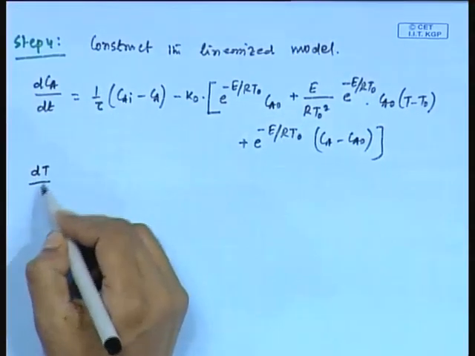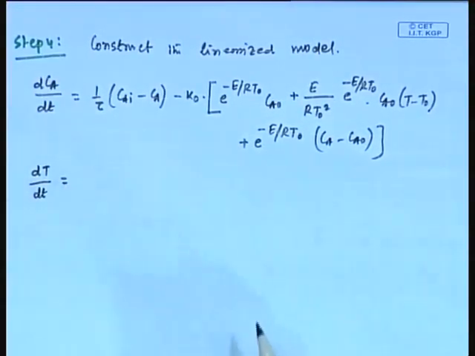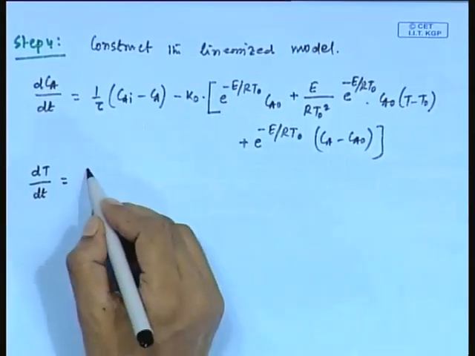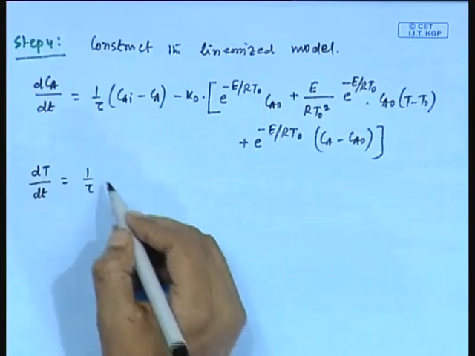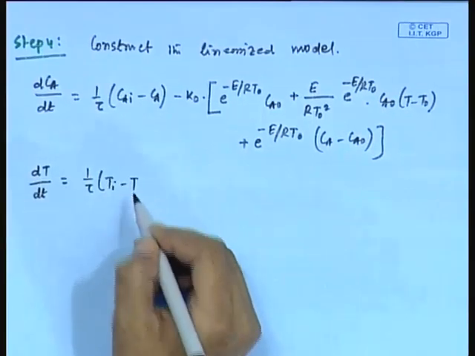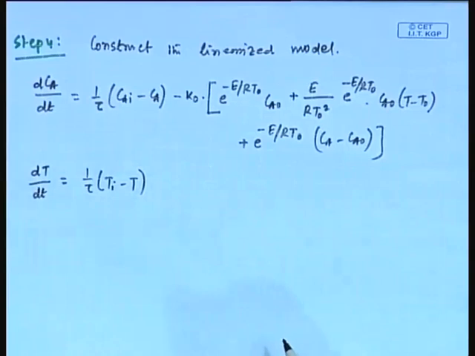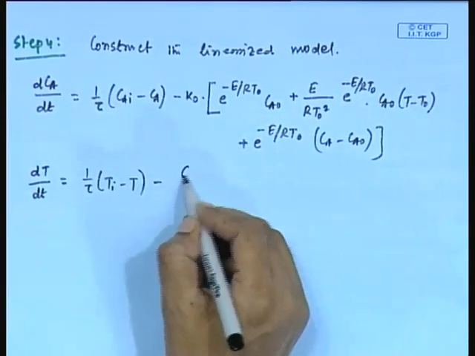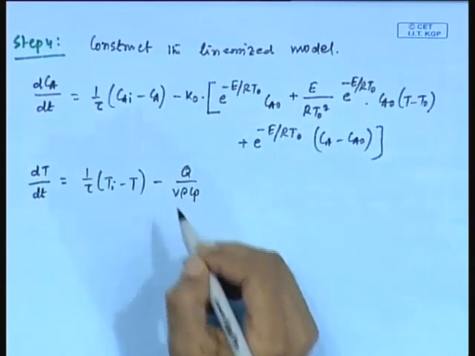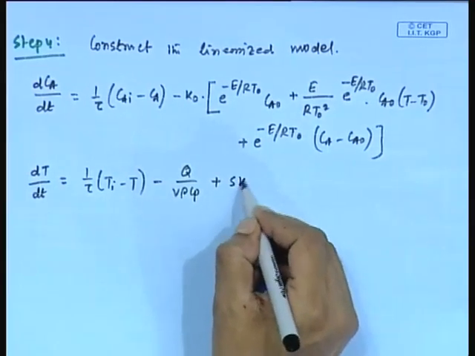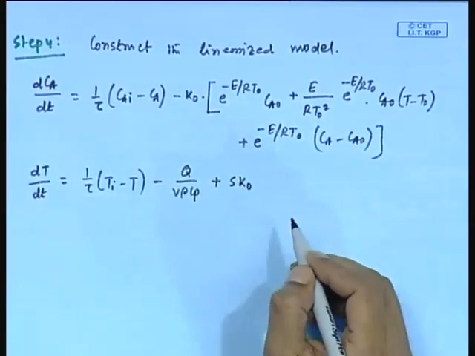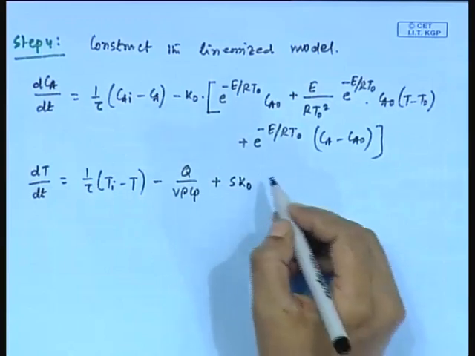Okay, fine. So, for the temperature, the dT/dt equation will be, the first right hand term is 1 by tau multiplied by (Ti minus T), and Q divided by V rho Cp is there, that is also a linear term. Then the third term was S k naught multiplied by that nonlinear term.